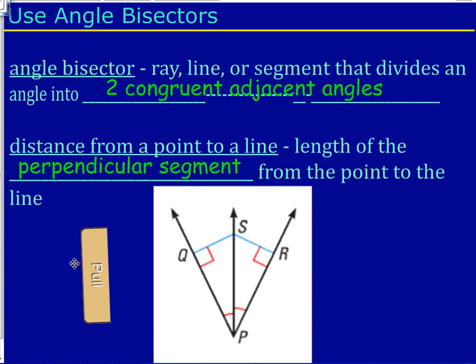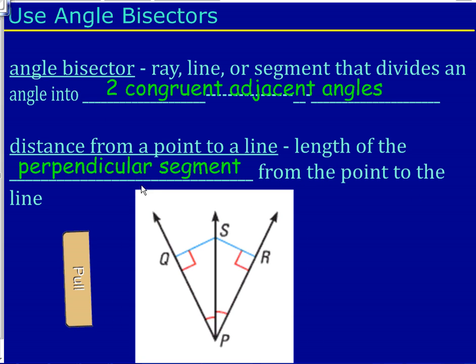So for example, we have the angle bisector, which in this case is PS, which is creating two congruent adjacent angles, QPS and SPR. And the length of the perpendicular segment that they're talking about is this QS and this SR right here, from the point to the line.